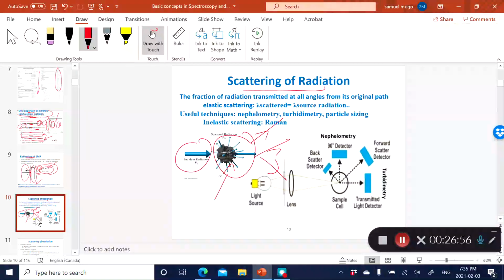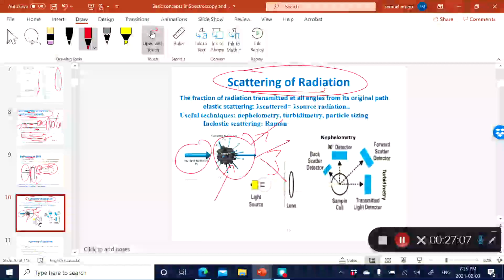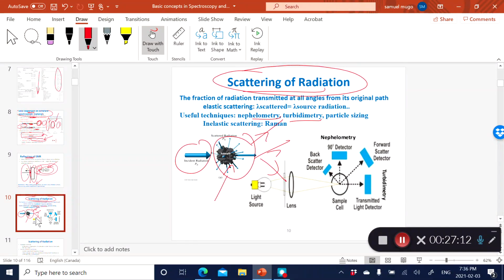And so based on that, you can have up to 3 different spectroscopic techniques based on this behavior, called scattering. I think most of us know of nephelometry and turbidimetry, which are 2 techniques that are used to determine dissolved solids, say in water.